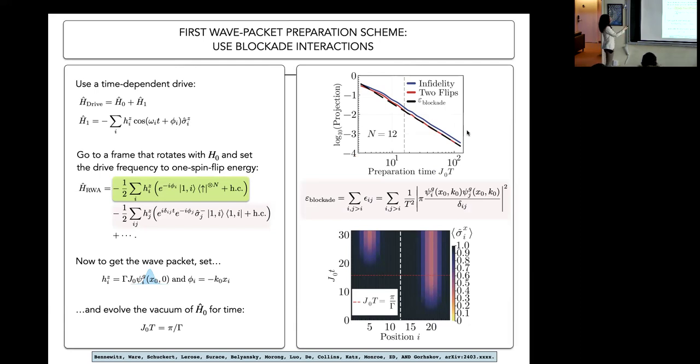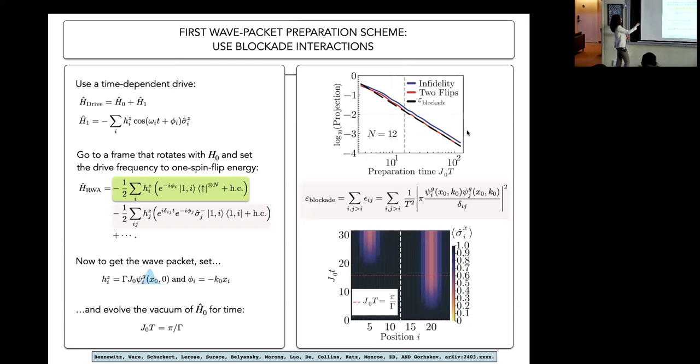It turns out that if you tune the frequency of your drive to be the same as the frequency of just one spin flip and no more, then you can suppress other spin flips in the system. As simple as that. So you get a resonant term that would flip one spin and create these one-meson objects out of the fully up state.